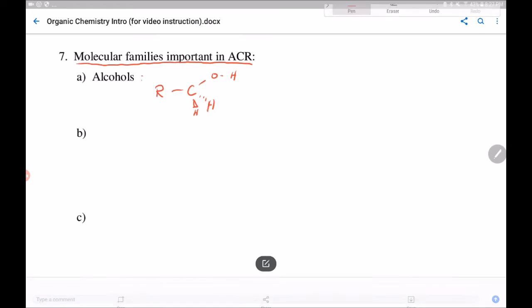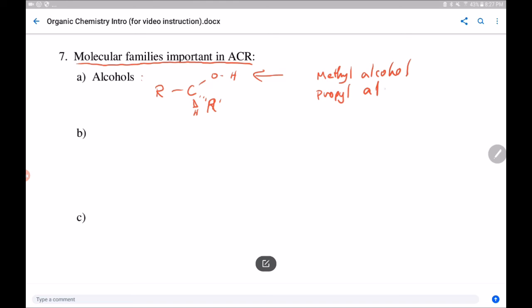Rest of molecule. I'll change this into an R prime. But this is what you look for, this OH group, alcohols. Know them when you see them. From the last lesson, you should understand we have things like methyl alcohol, ethyl alcohol, propyl alcohol. And these all have an OH attached to some number of carbons.